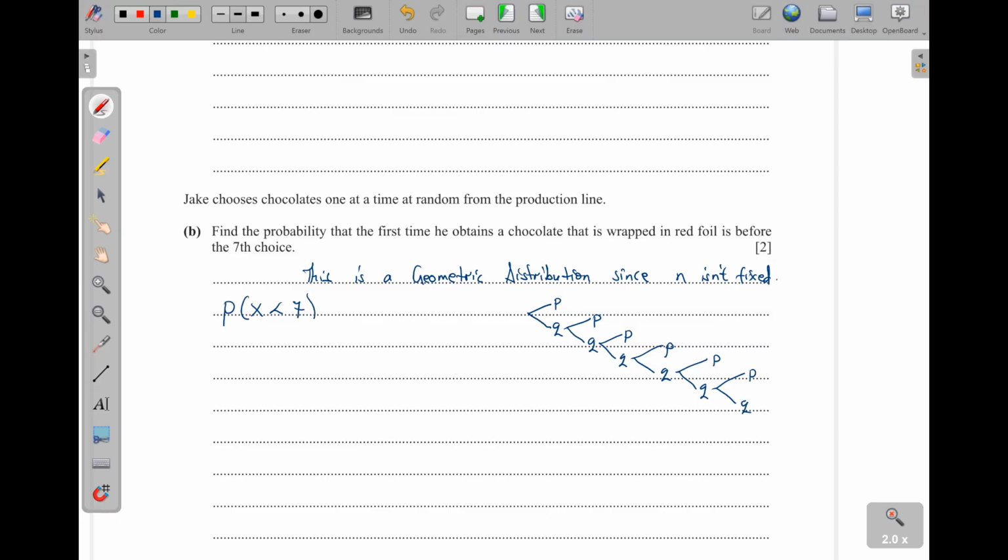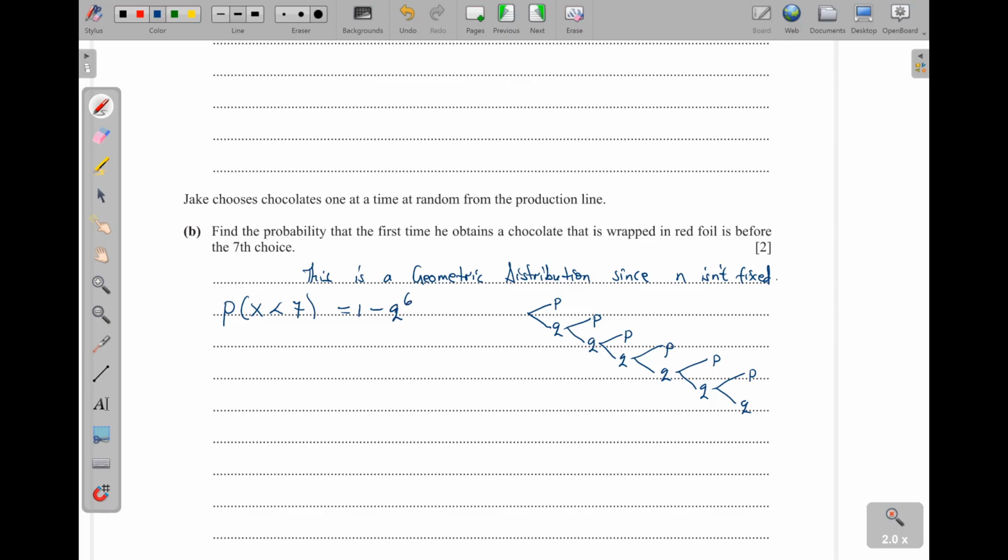So below 7, you consider P, then QP, Q squared P, Q cubed P, Q power 4 P, then Q power 5 P, all of those. But you realize that it is only this one that I haven't considered. So why don't I just say 1 minus this one here, Q power 6. So I will have 1 minus Q power 6.